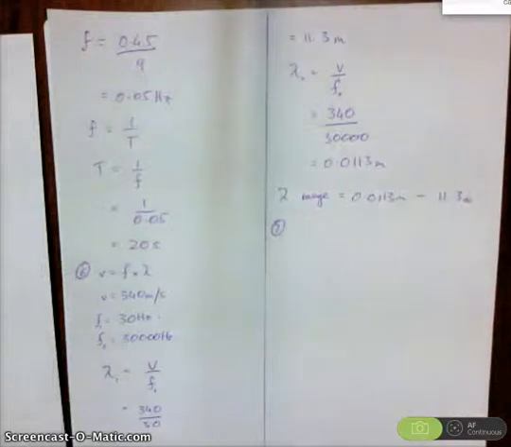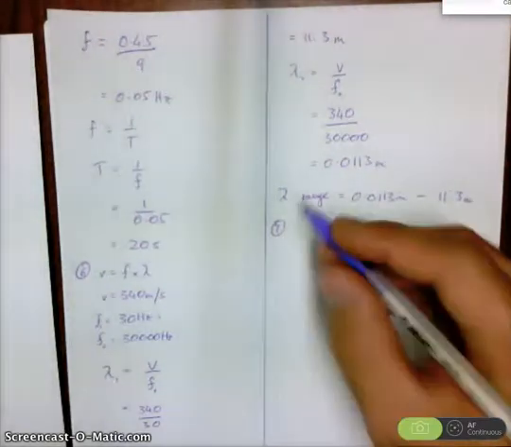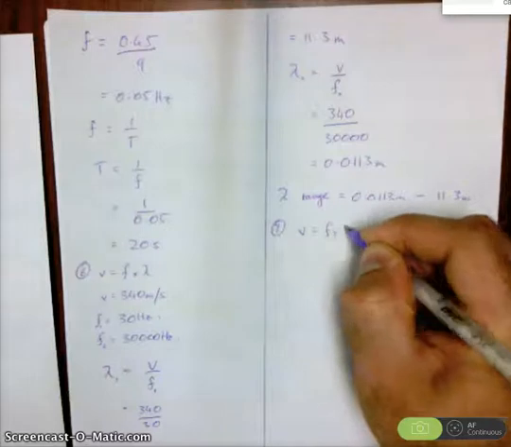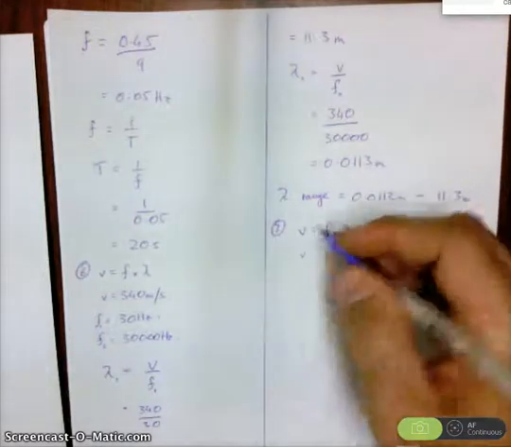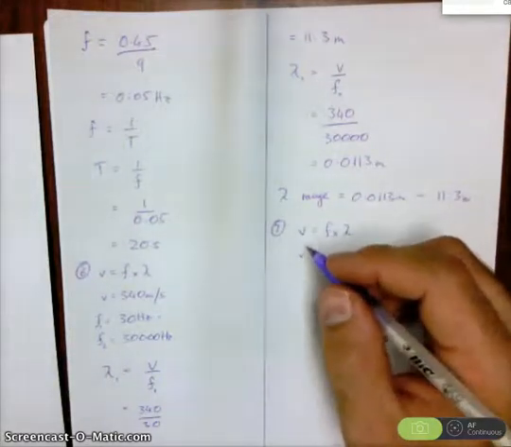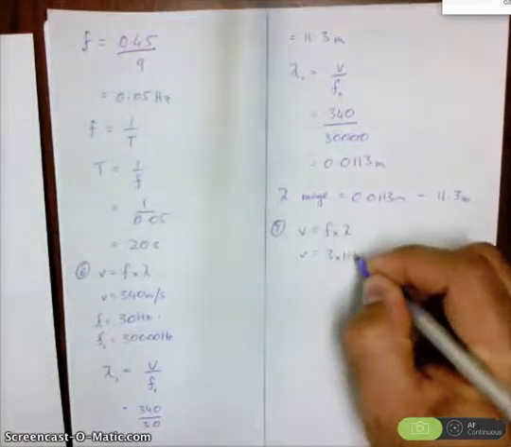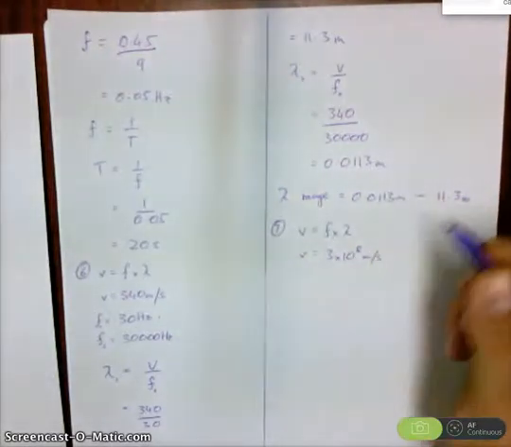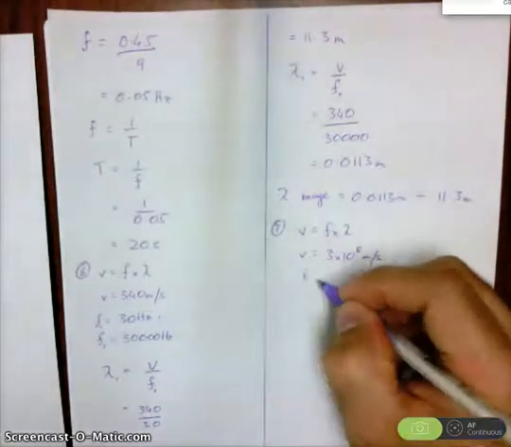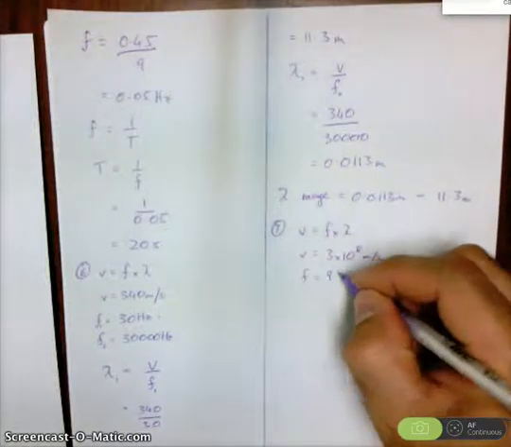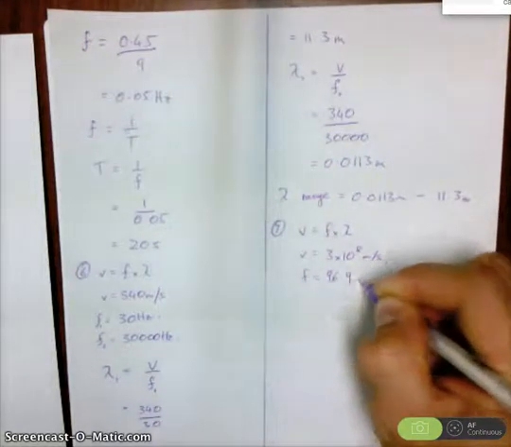Question number 7. Radio station Nova 96.9 has a frequency, the velocity is frequency times wavelength. I know the velocity of these types of waves, radio waves, are 3 times 10 to the 8 meters per second. And the frequency that Nova produces is 96.9 megahertz.